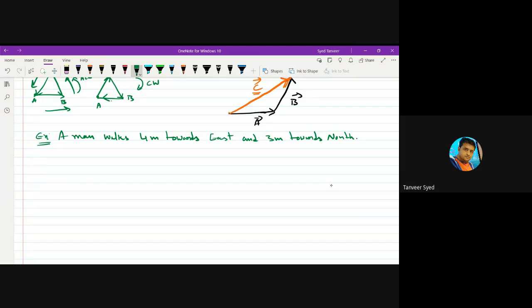Four-meter towards east and 3 meter towards north. Then what is his distance and displacement from initial point, from starting point?